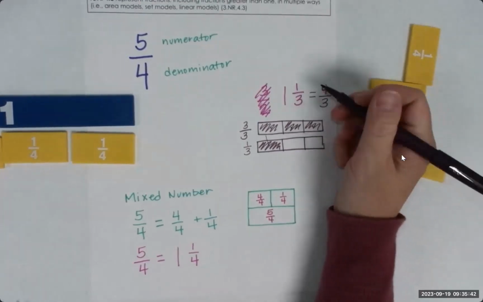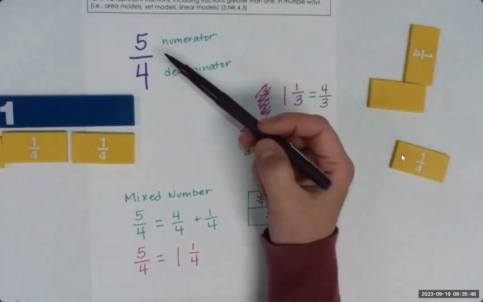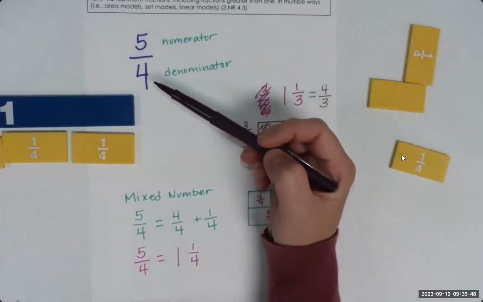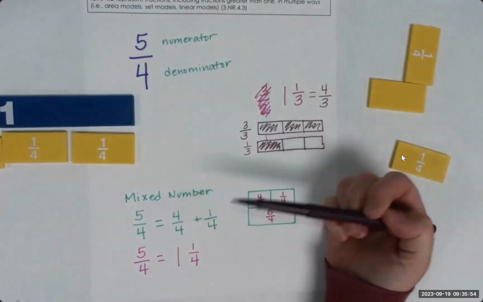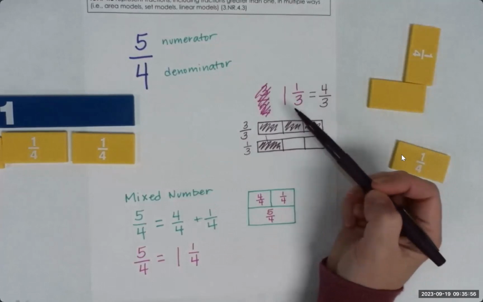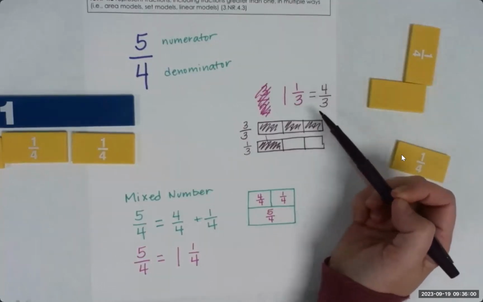So students may have to represent fractions written as a fraction greater than 1, with just a numerator and a denominator, and write it as a mixed number, or they might be given the mixed number and need to represent it as just a fraction.